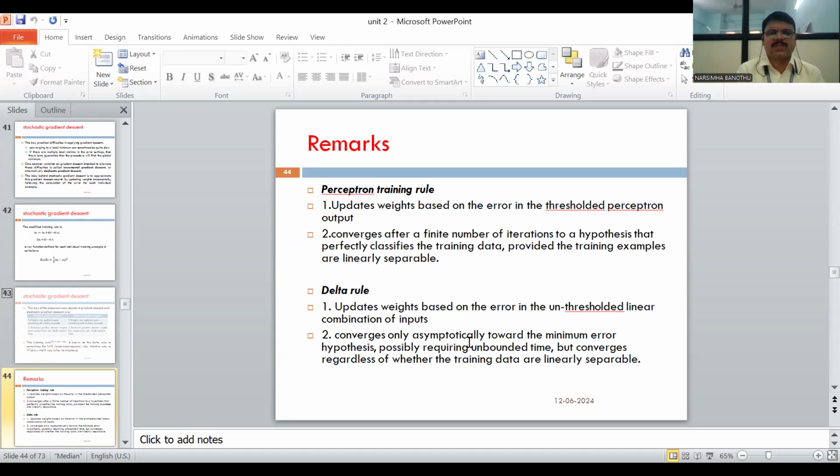This is based on the error in the unthresholded linear combination of inputs. It converges only asymptotically toward the minimum error hypothesis, possibly requiring unbounded time, but converges regardless of whether the training data are linearly separable.